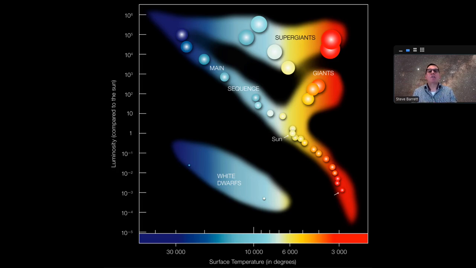On the horizontal scale we plot the star's surface temperature. There's our sun. The luminosity relative to our sun is of course by definition 1, and the sun's surface temperature is a little under 6,000 Kelvin or thereabouts. That places our sun roughly in the middle of this Hertzsprung-Russell diagram, and that will be useful when we look at how stars change during their life.